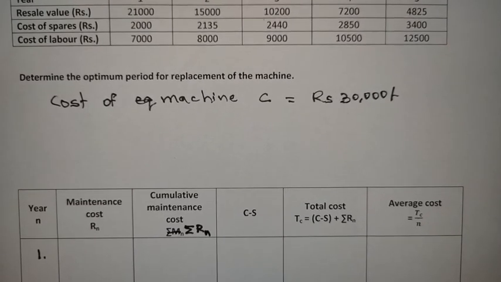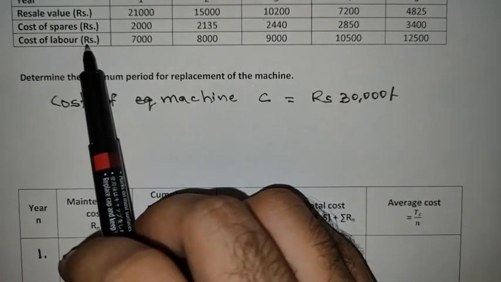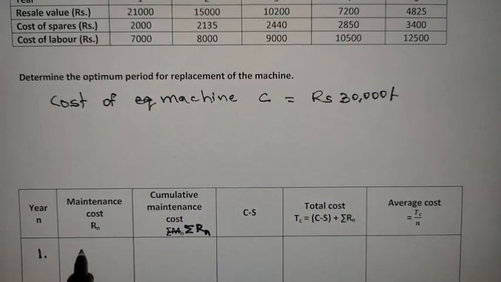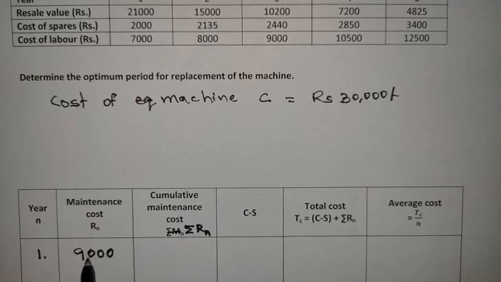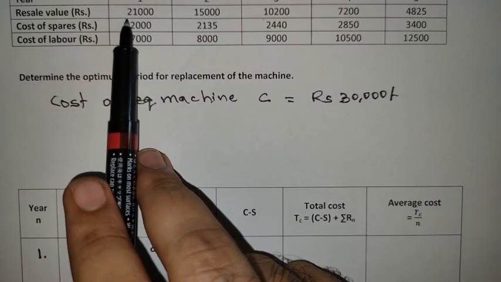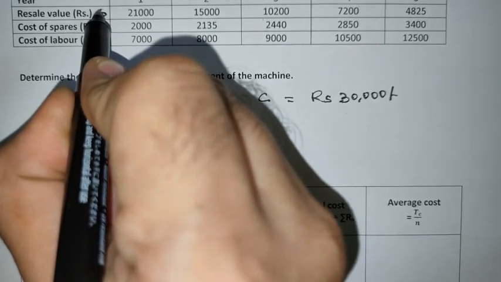What is the maintenance cost in the first year? Maintenance cost is the sum of cost of spares plus cost of labor. So 2000 plus 7000, totally we get 9,000 rupees. Cumulative maintenance cost, the previous cost is 0, so cumulative is 9,000 rupees. Next, C minus S value. C is 30,000 rupees and S is the resale or scrap value, 21,000.